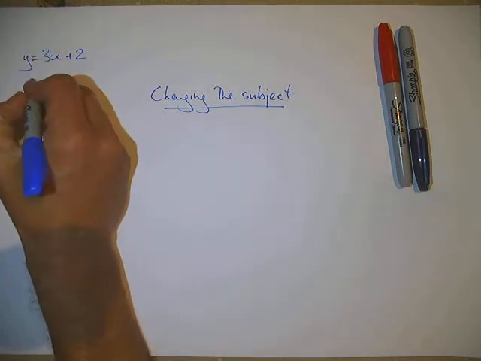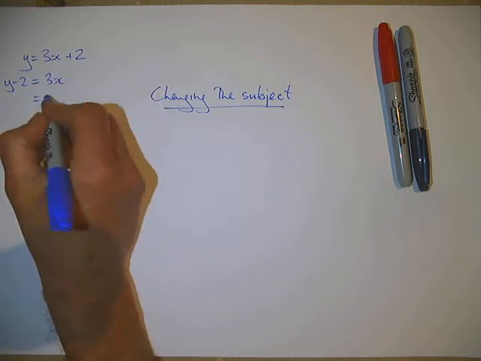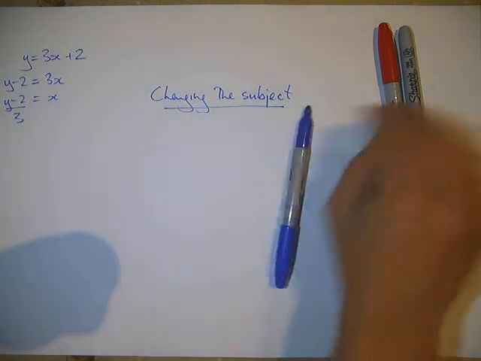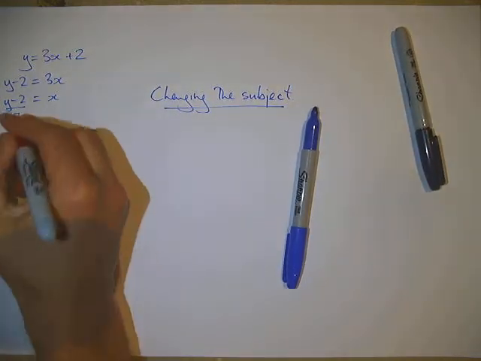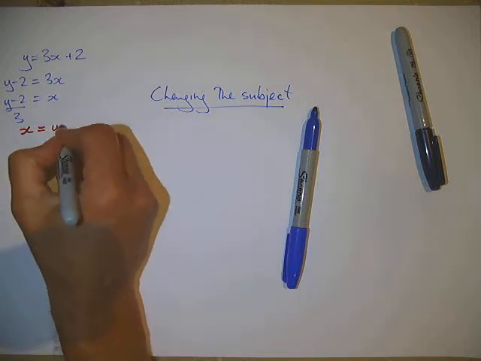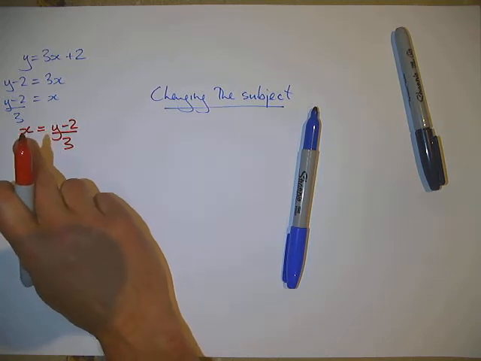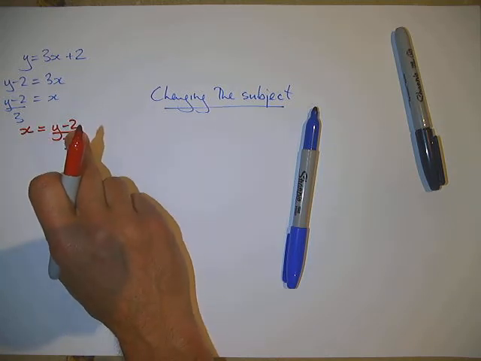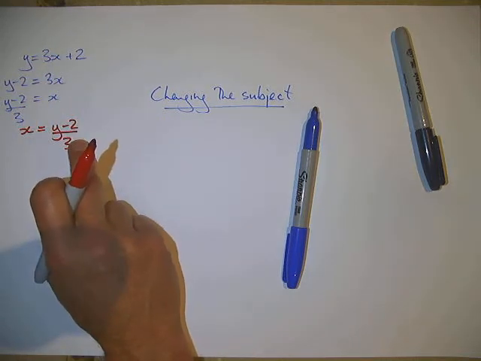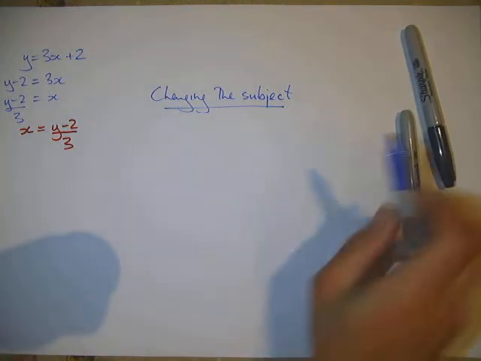So I can move the 2, I can move the 3, and I end up with x is y minus 2 over 3, where x is expressed in terms of y. This formula and this formula are identical, they're just rearranged. That's the idea, rearranging things.